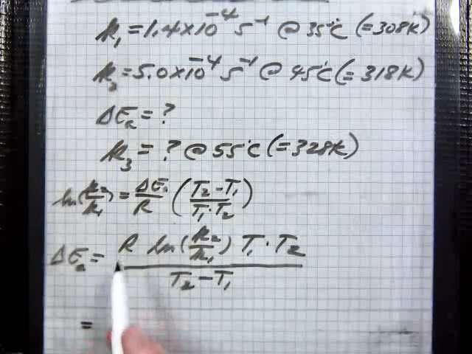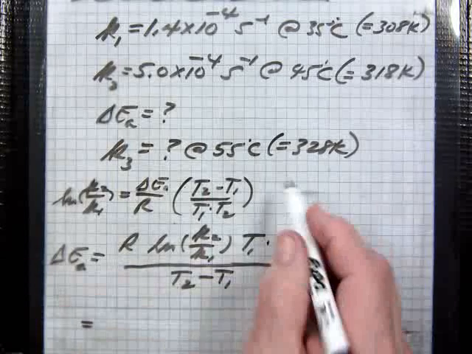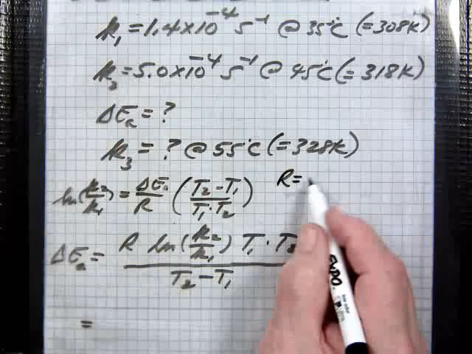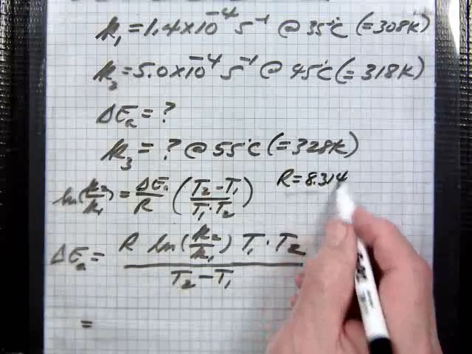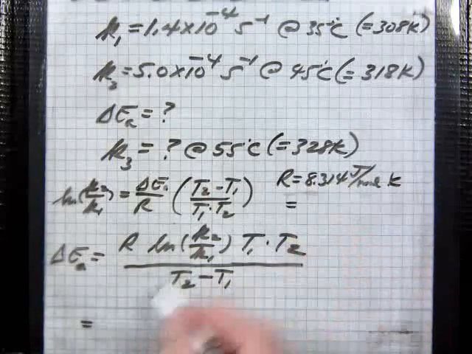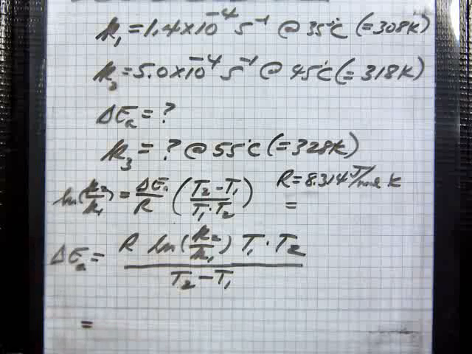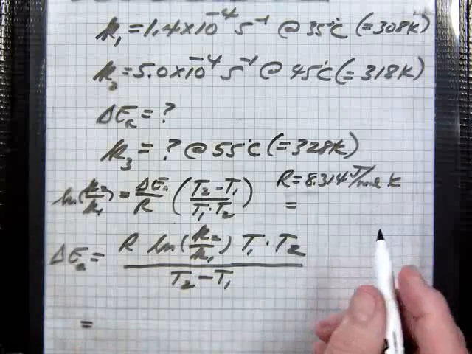Now the R value is published typically in joules per mole Kelvin, 8.314 joules per mole Kelvin. But when you substitute into this expression, you need to be in kilojoules, because kilojoules per mole is the most common unit for energy numbers.